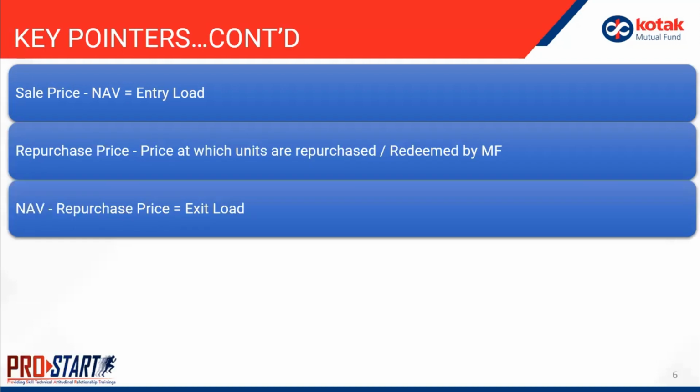NAV minus repurchase price is equal to exit load. So whenever you want to redeem a fund, there will be limits as per different funds. Whatever the NAV is at that time, along with that there will be an exit load sometimes, maybe there won't be, and that will be the repurchase price.